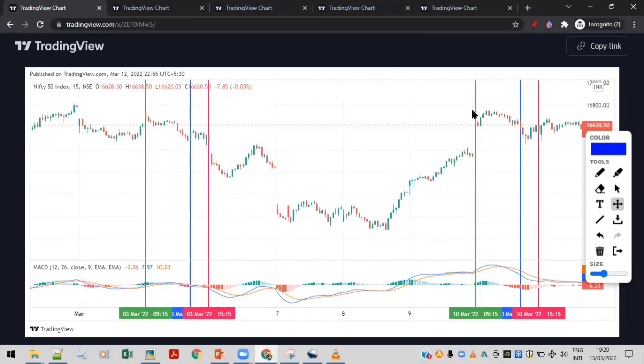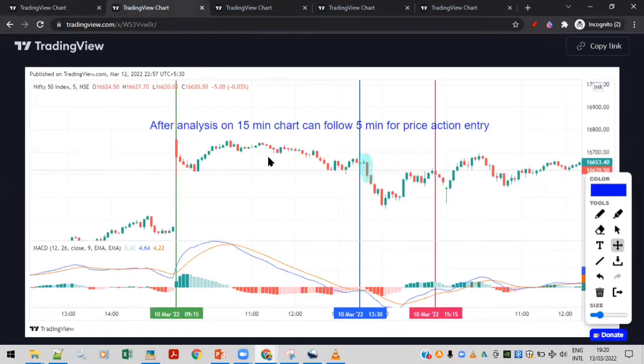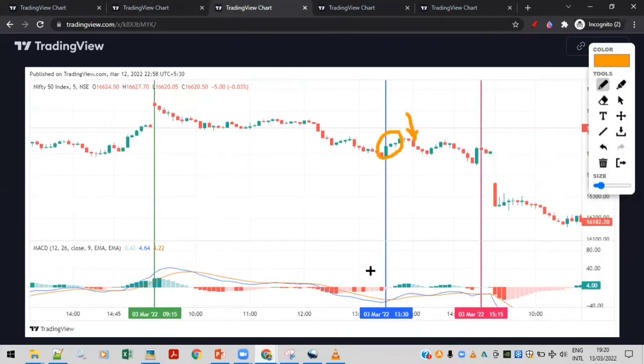The same thing happened. The trend continued on the downside after the 1:30 p.m. move. So this is the 5-minute chart on 10th March where it went down. And on 3rd March also, you would see here around 1:30 it went up, and then this red candle gave us the confirmation that it is going to fall on the downside. It gave a good move here as well.